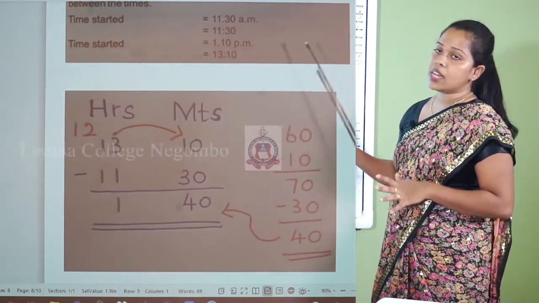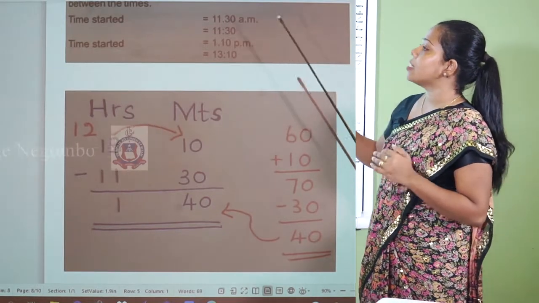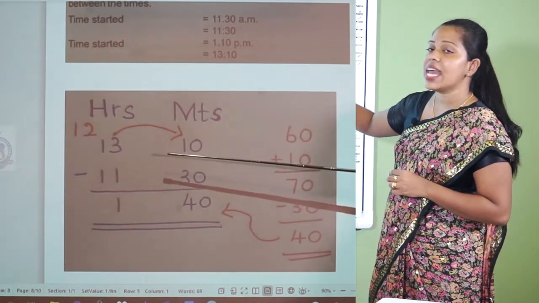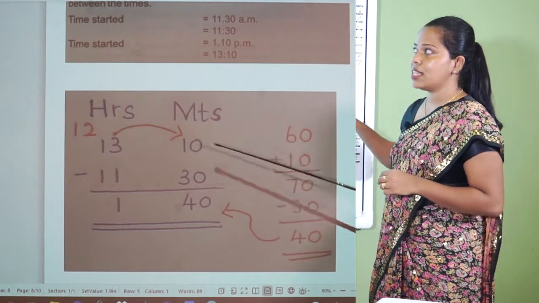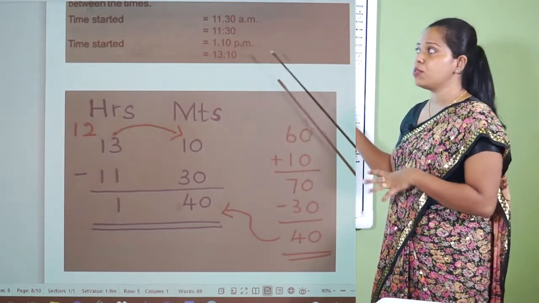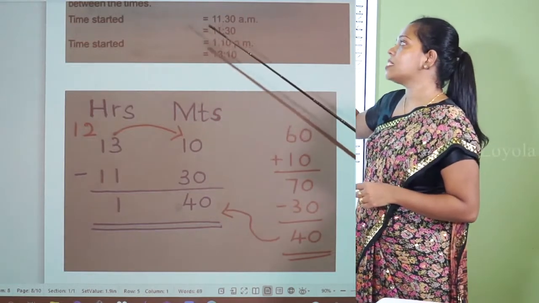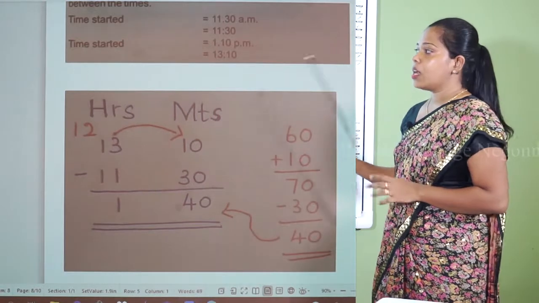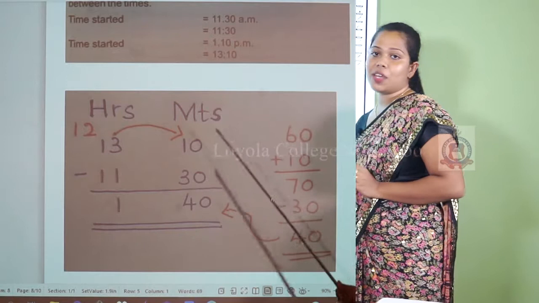To find the time spent on an activity, you must subtract time started from time ended. So here time ended is 13:10. We converted this 1:10 p.m. to 24-hour clock time. So it's 13:10. And what is the time started? It's 11:30.